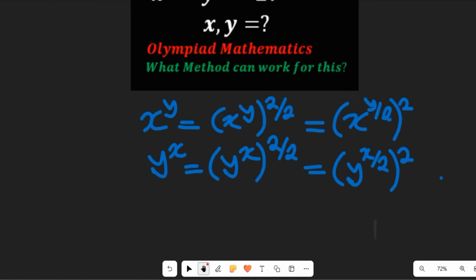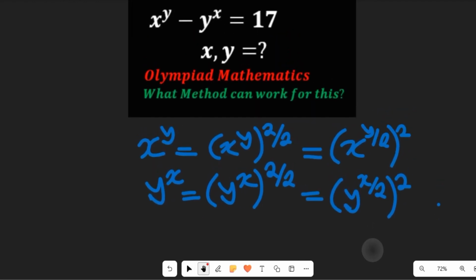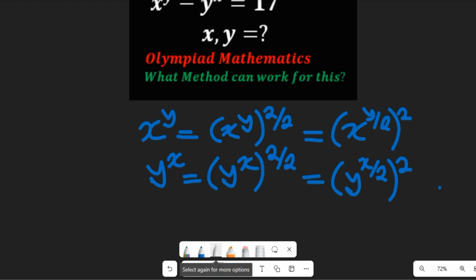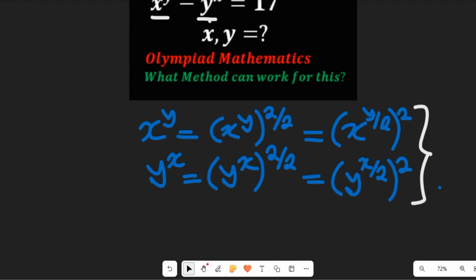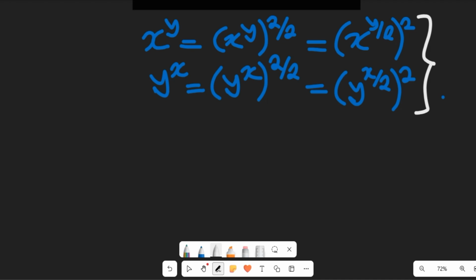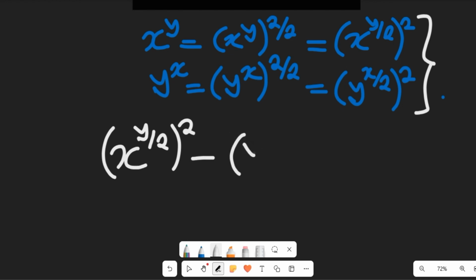Now I can replace these two values I've derived in the expression, so that expression gives me x to the power of y divided by 2, all squared, minus y to the power of x divided by 2, all squared, equal to 17.